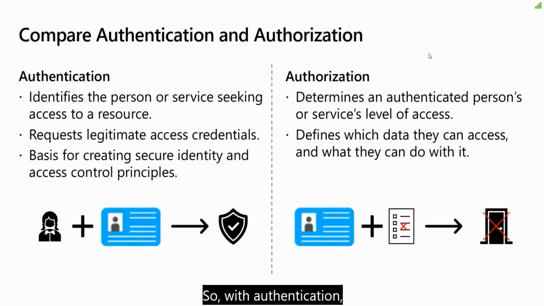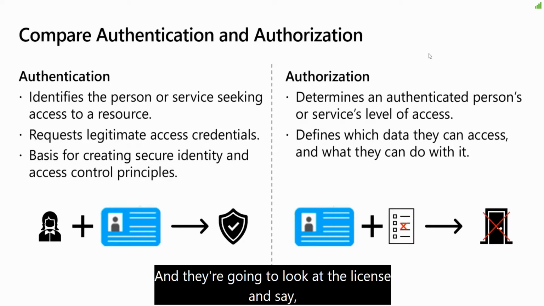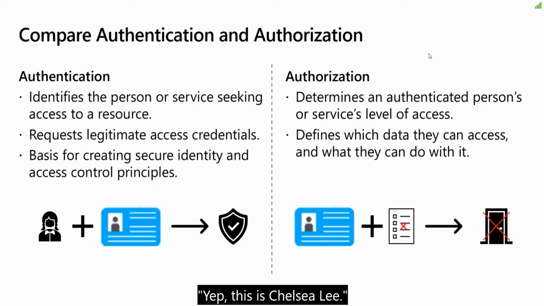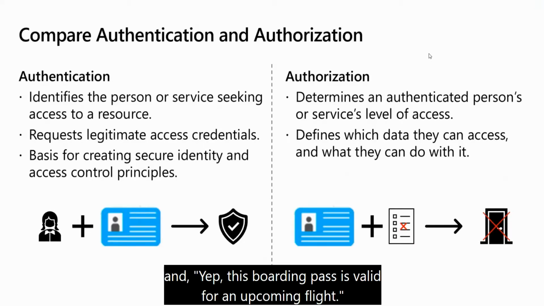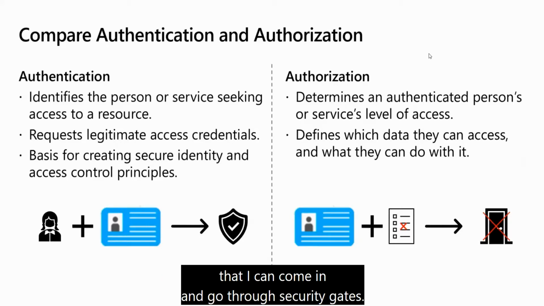With authentication, when I go to the airport to catch a plane, I have to present my boarding pass and my license at the security desk. They're going to look at the license and say, yep, this is Chelsea Lee, and yep, this boarding pass is valid for an upcoming flight. And so they have authenticated that I can come in and go through the security gates.